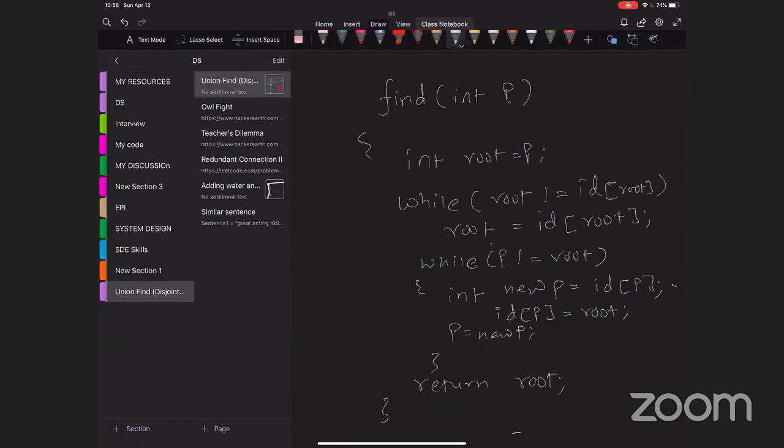And basically I'm flattening my tree. All the parents that I'm touching, I'm just setting their parent as the root, so it's directly attached to the root. So this is the only thing I have to do one more time in find.